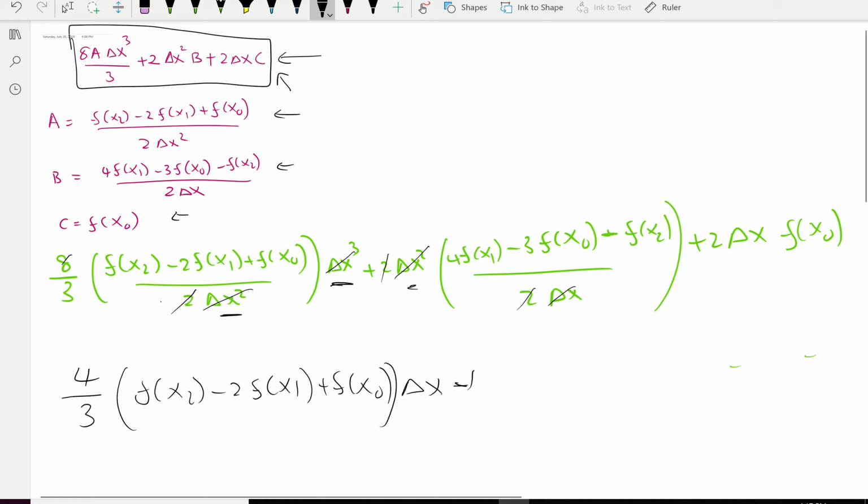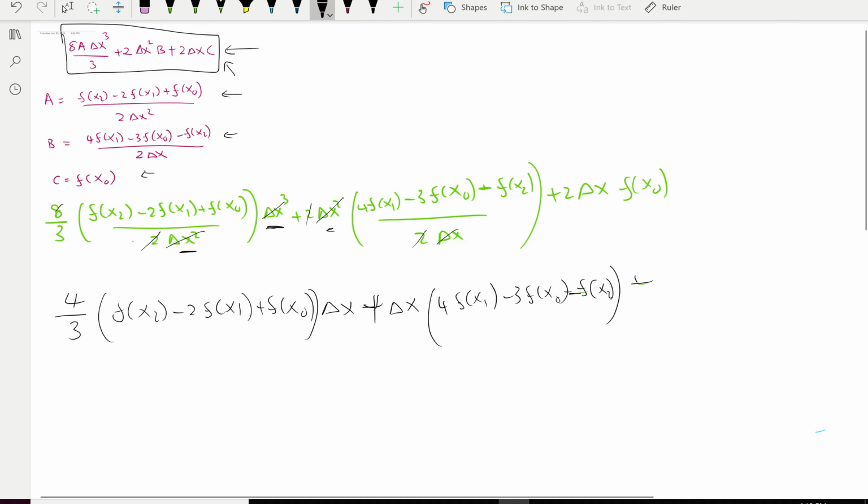Here also 1 delta x will be left. So this is what's left here, minus f(x2), and also here 2 delta x f(x0).